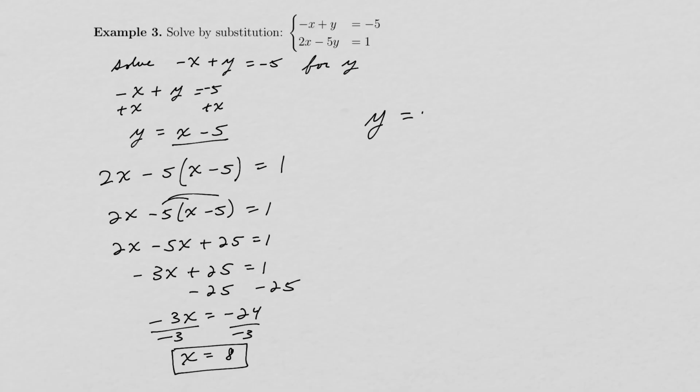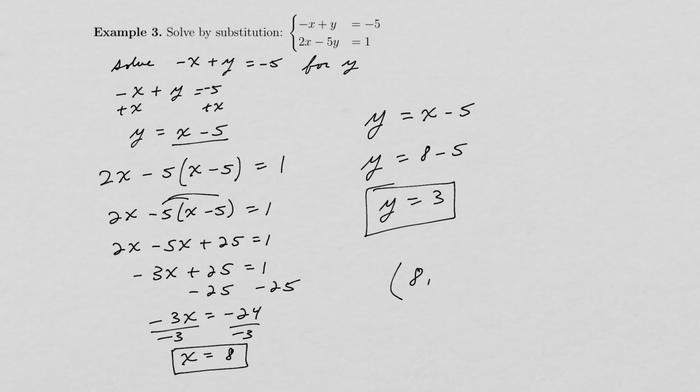So where I have an x, I'm going to plug in 8. And then 8 minus 5 is 3. So I'm going to get y is equal to 3. So that's my solution. X equals 8, y equals 3. And then, of course, as an ordered pair, it'd be 8, comma 3. That's where the two lines would cross if you were to graph them.